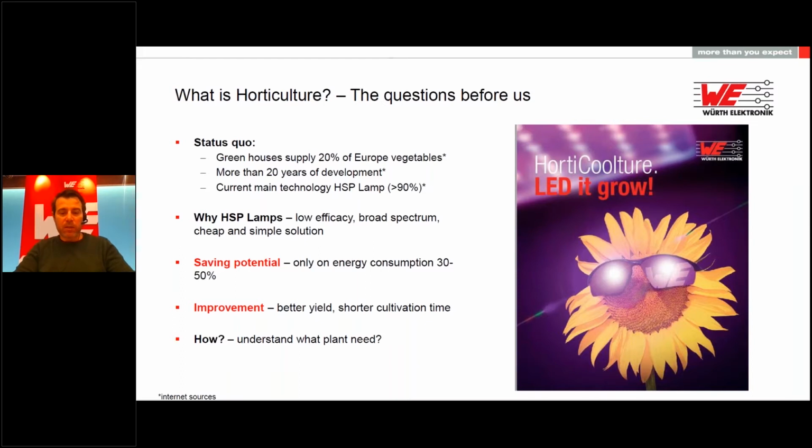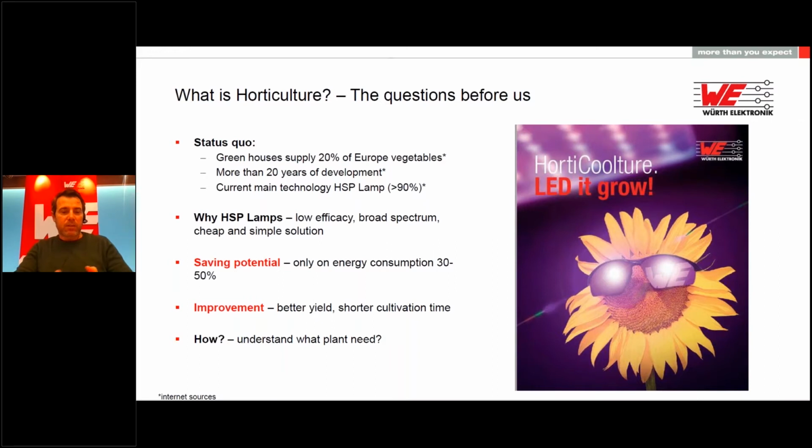And of course, as we can see later with some results, we can have better yields, better plants, shorter cultivation time, shorter working process, and so on.